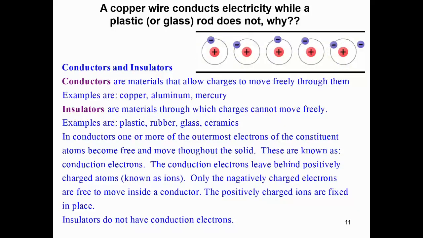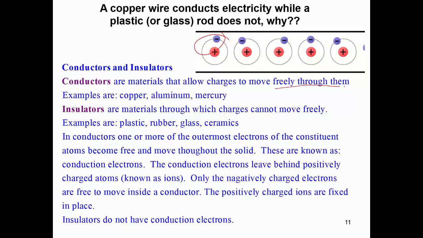Now let's briefly talk about conductors and insulators, because you're going to need that. Conductors are materials that allow charges to move freely through them, for example all metals: copper, aluminum, mercury. The reason is that all metal conductors have at least one free, loosely bound electron, and they can transfer easily from one atom to another within them.